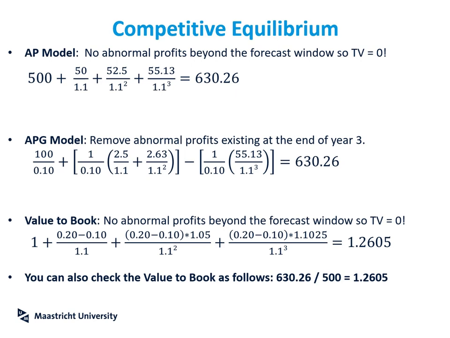So from year 1 to year 2, we had abnormal profit growth of 2.5. And from year 2 to year 3, we had abnormal profit growth of 2.63. So we discount those, the growth from year 1 to year 2 for 1 year, and from year 2 to year 3 for 2 years.